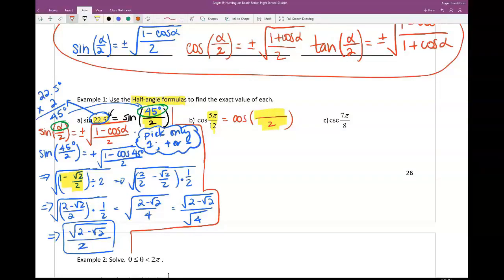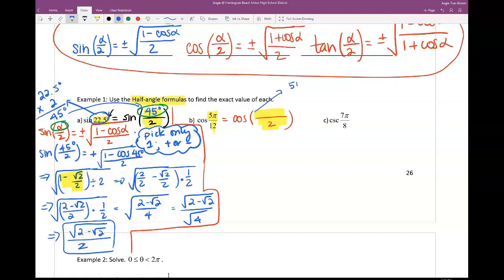So when I divide it by 2, what is going to give me 5 pi over 12? Okay, what angle, when I divide by 2, equals 5 pi over 12? So again, just like earlier, you go backwards, okay?